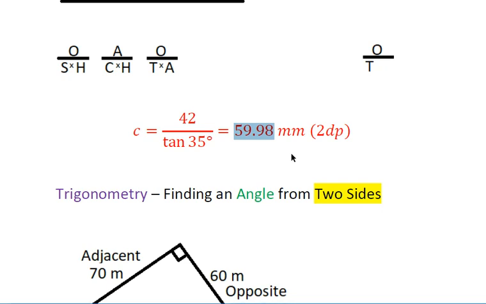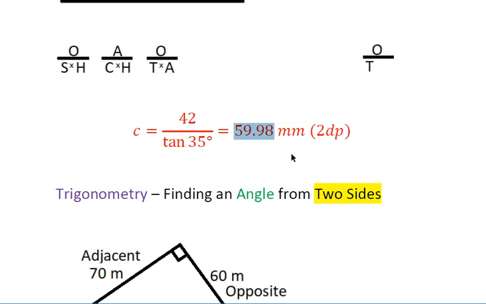Mind you, if you're doing this and you're finding that you get something different, just check your settings on your calculator, because there is another setting, a different unit, called radians. You know how you have meters and feet, and other things other than centimeters, like millimeters. In the same way, there's another unit that you use in year 12 called radians, and you don't want your calculator set up to deal with radians.